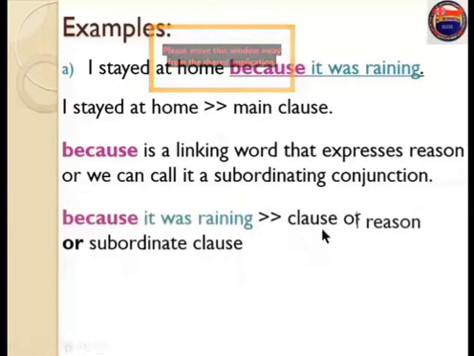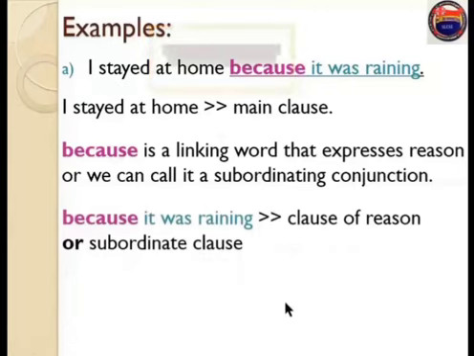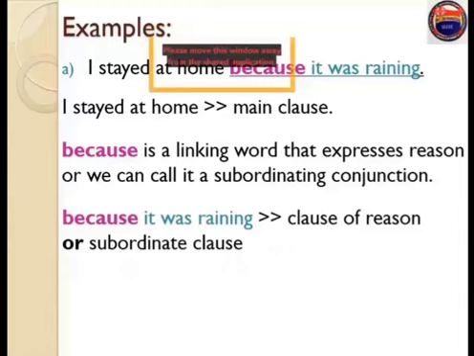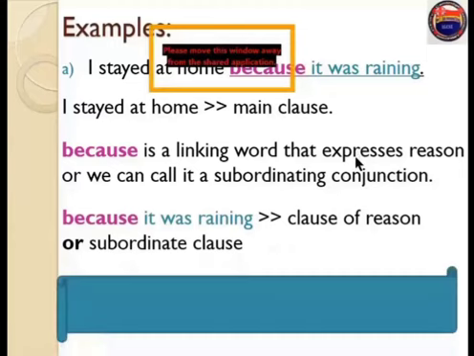And because it was raining, this is the clause of reason, or you can call it the subordinate clause. And notice here that we have a complex sentence.